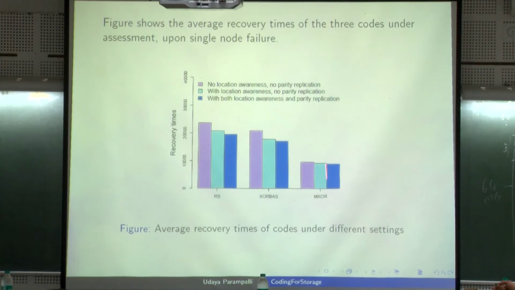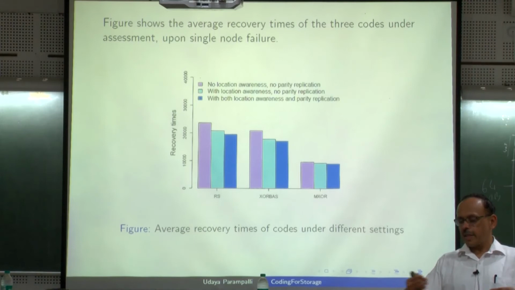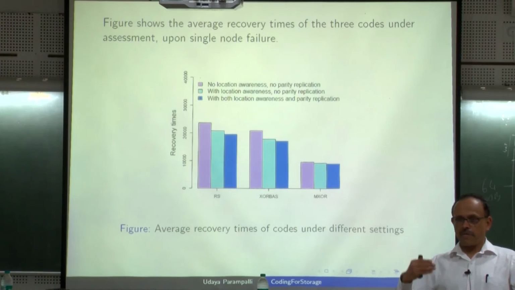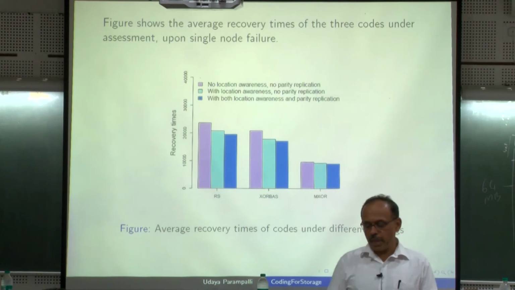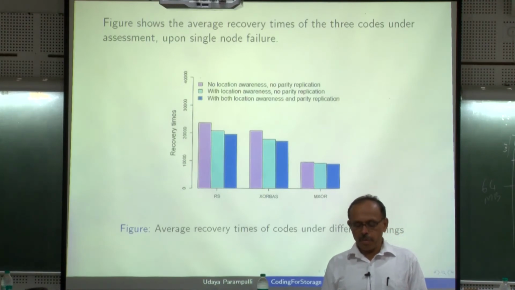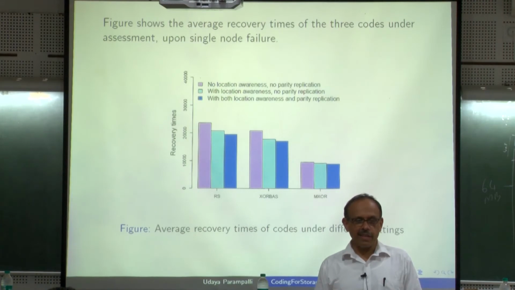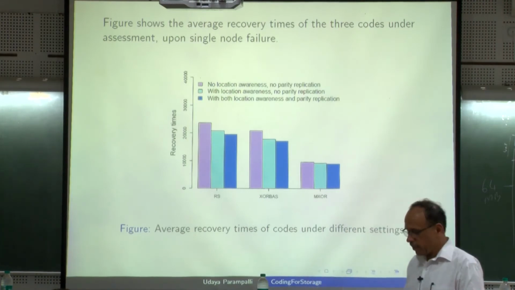You will see that MXR still does better, because the data has to come back from larger places, so MXR actually has to do nothing. It's simply XOR, so it helps.